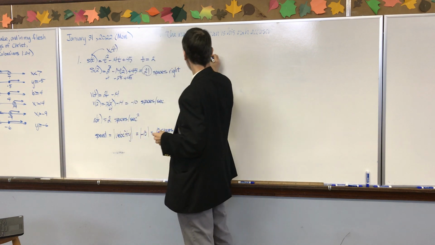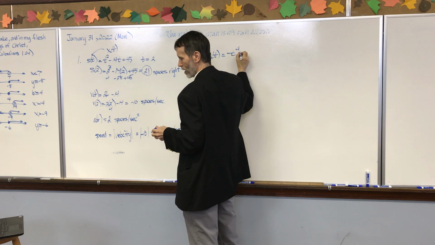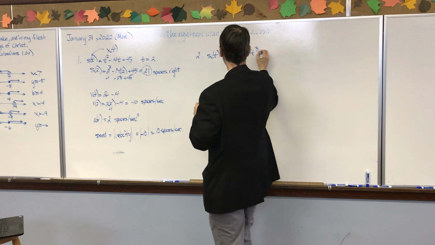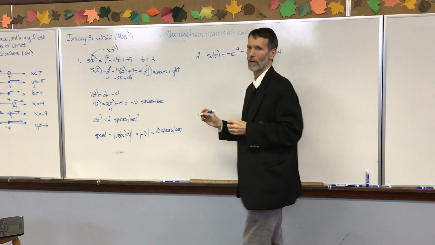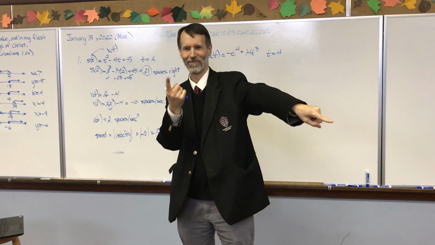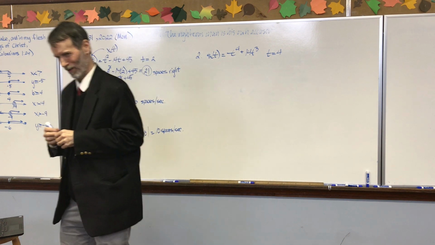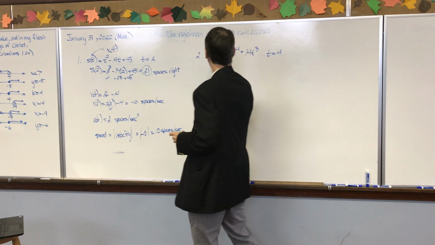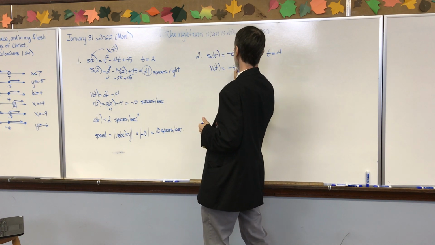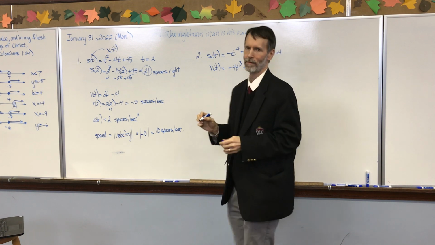All right, number 2. I'm going to go a little faster here. S of t, again, this position is -t to the 4th plus 14t cubed. And they said t is equal to 4. Michael, up here, please. So to get velocity, you take the derivative: -4t cubed plus 42t squared.